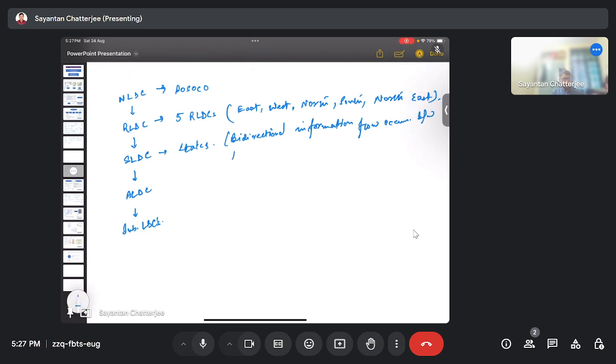The area load dispatch centers are also governed by the state discoms.